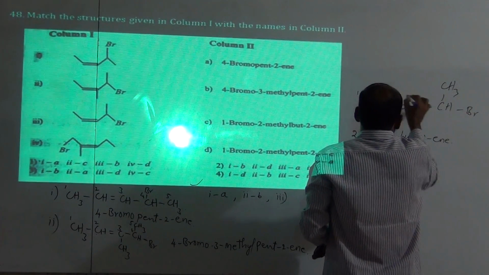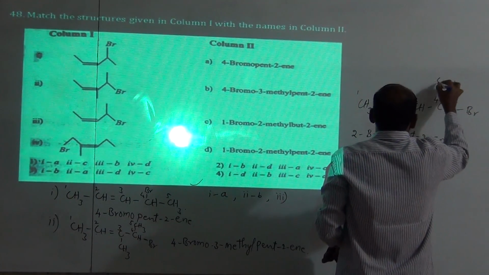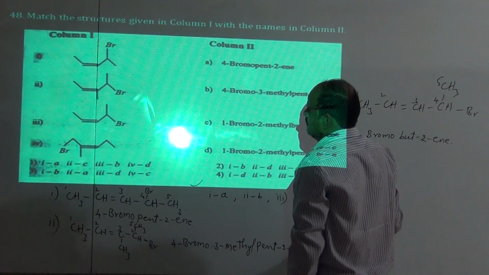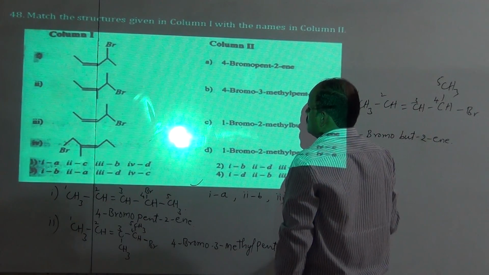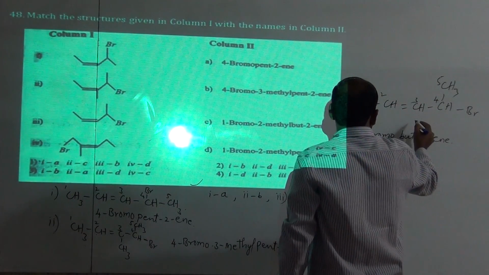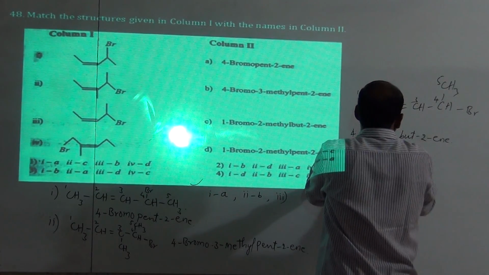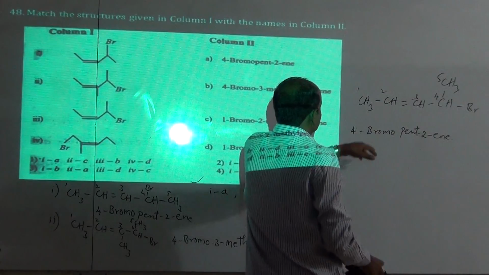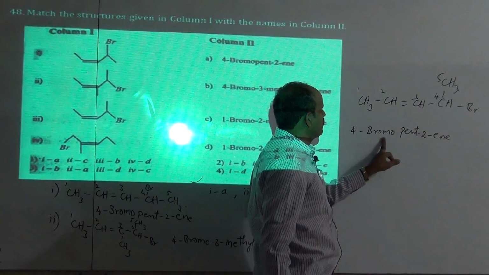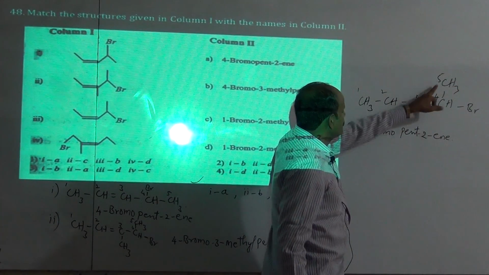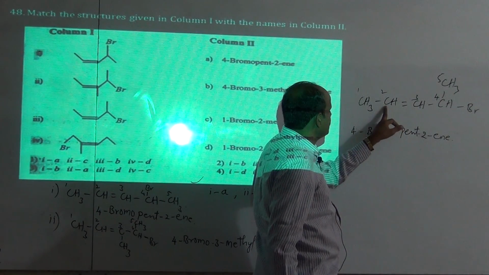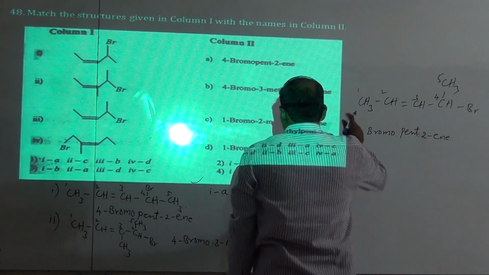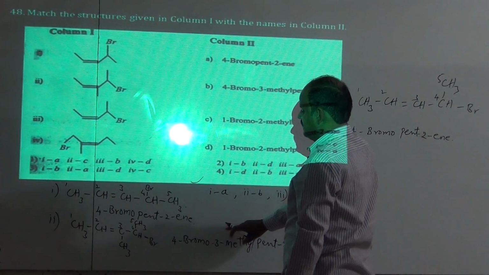Now 1, 2, 3, 4, 5. When you observe this, both are the same. 4-bromo, pent-2-ene, because on fourth carbon Br is there. Total number of carbons 5, pent, double bond on second carbon, hence 2-ene. So both are the same here.